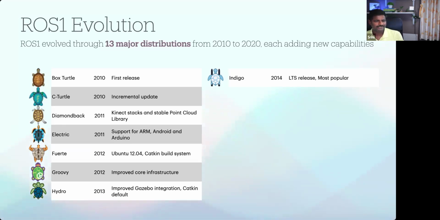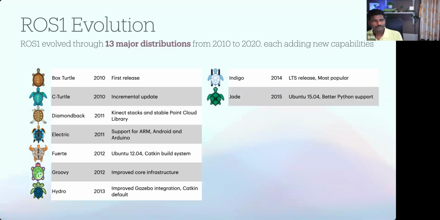This allows stability, so that if you're a company setting it up, you need this kind of stability and support, so that you know this is going to be supported for a set number of years. Indigo is the first LTS release. It's also the most popular release. And then came Jade, and then Kinetic.